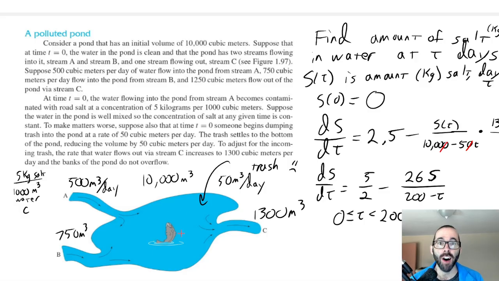We don't have a pond anymore in 200 days. They dump in so much trash. In 200 days, the pond fills up. So the amount of salt in the pond, there is no salt in the pond because there's no pond. Oh gosh. But yeah, you can see that.